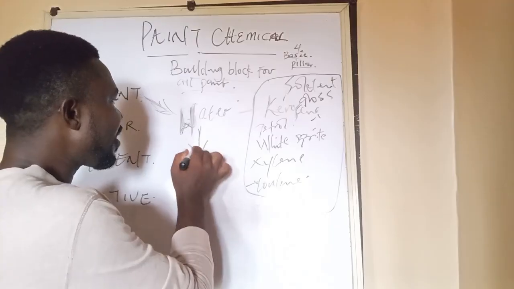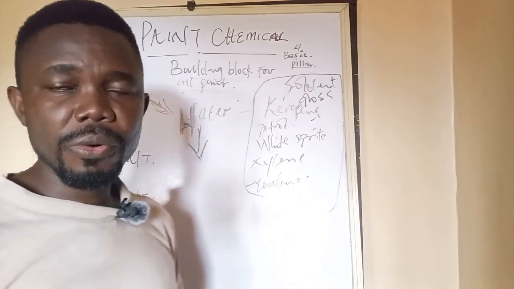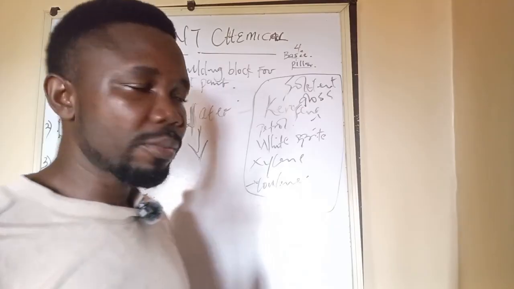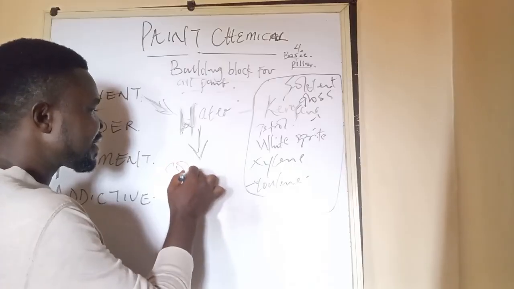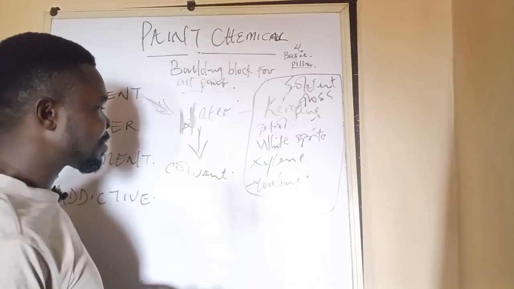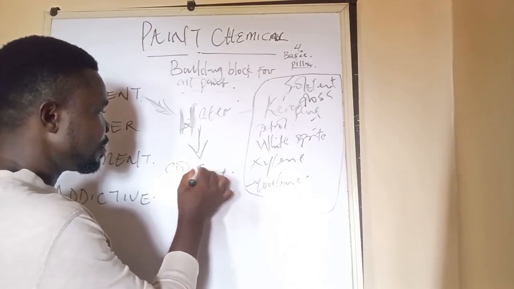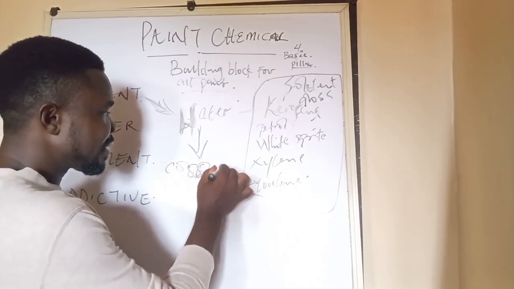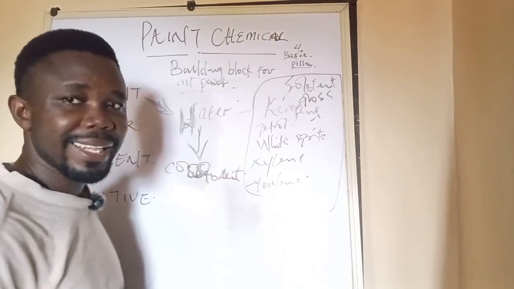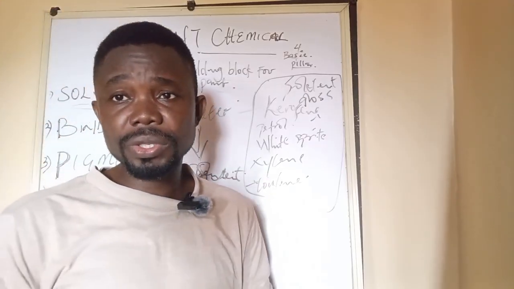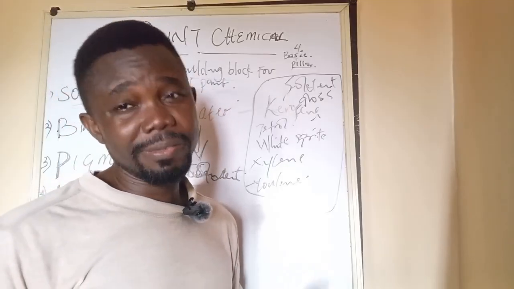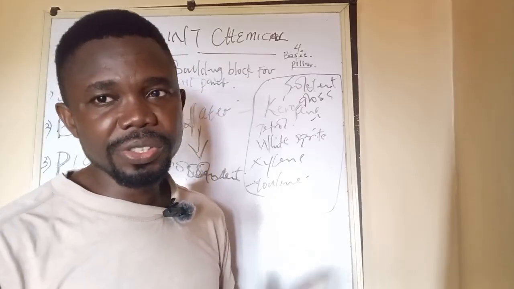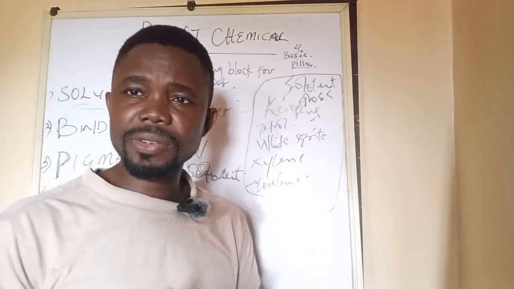Now let's get back. We have some other solvents that are called co-solvents. Co-solvents are solvents that serve as secondary solvents, secondary dissolvers, if I'm going to use non-technical terms.